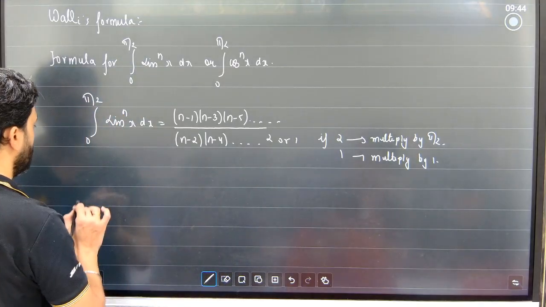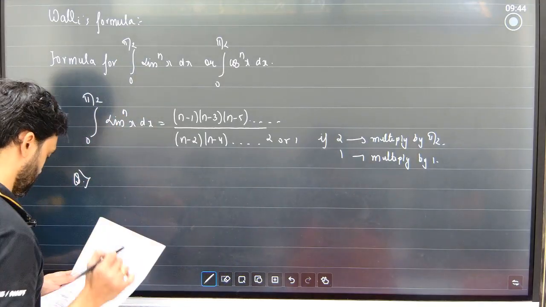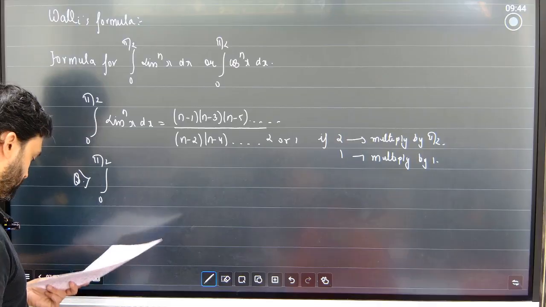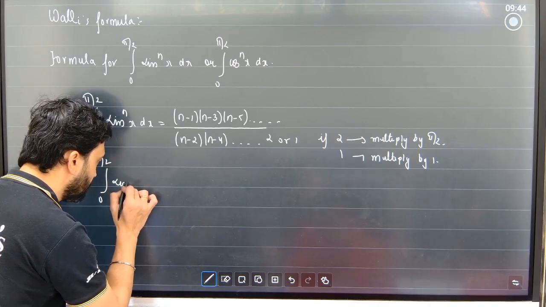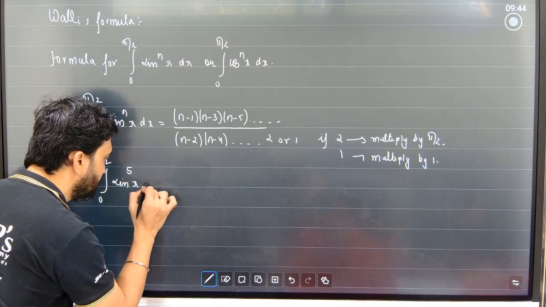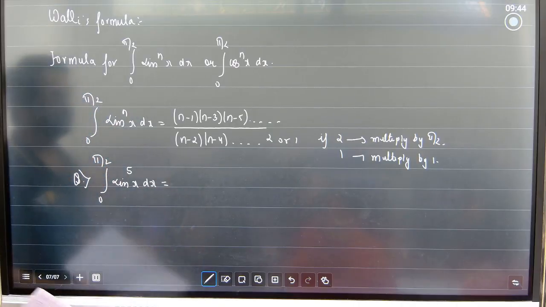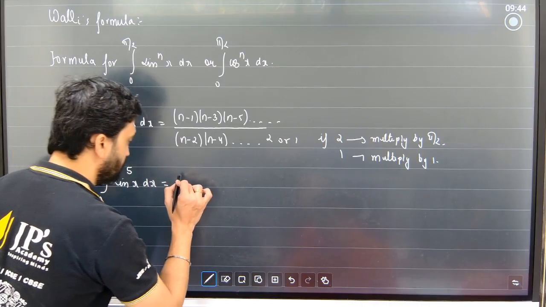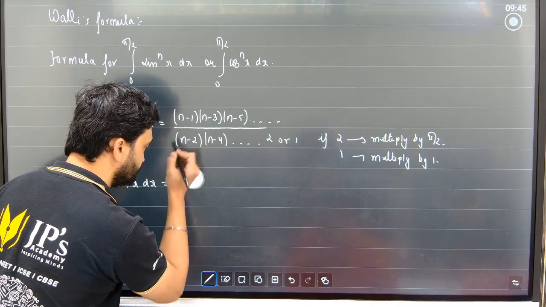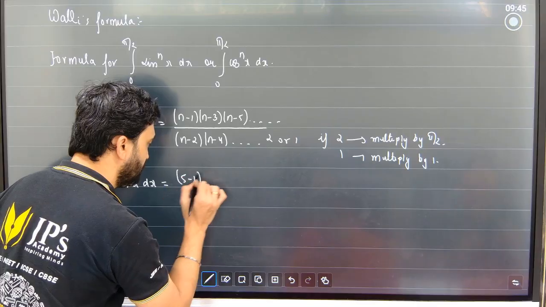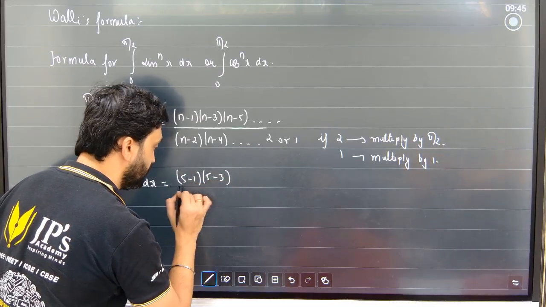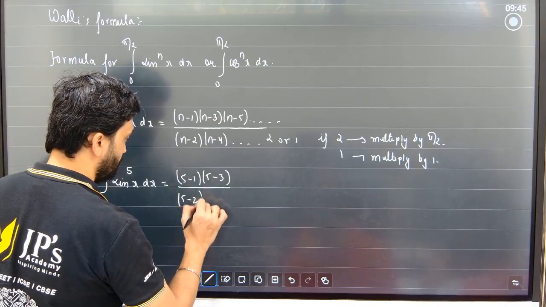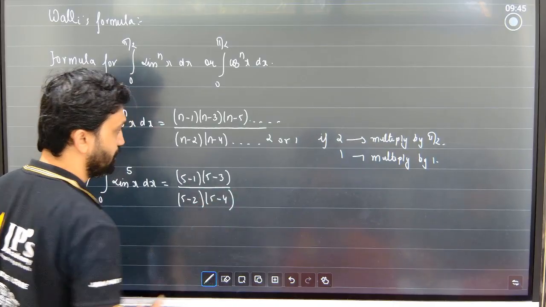Now let's try to get a question. The question is integration 0 to pi by 2 of sine raised to 5 x dx. Now if I substitute here, this will become (5 minus 1)(5 minus 3) upon (5 minus 2)(5 minus 4).